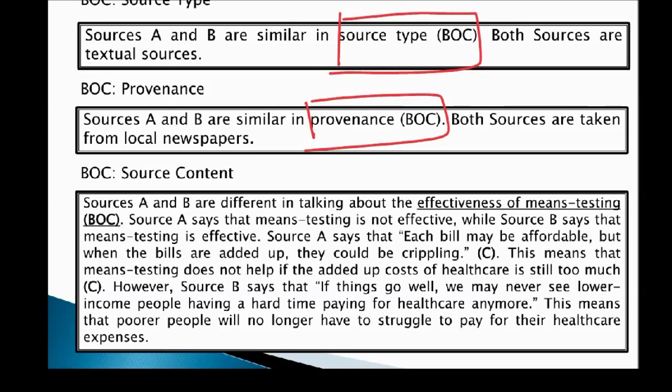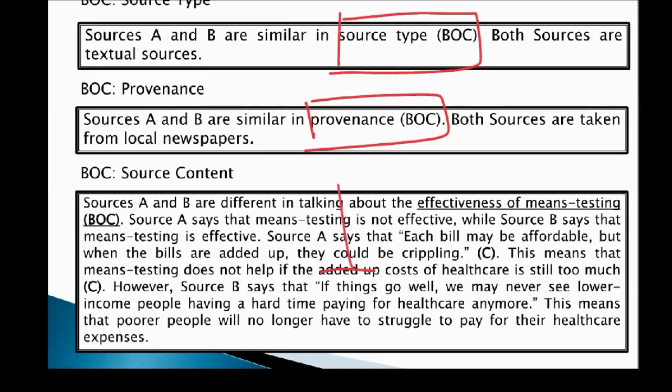Source B says that if things go well, we may never see lower income people having a hard time paying for healthcare anymore. This means that poorer people will no longer have to struggle to pay for their healthcare expenses. Note again, never ever copy from the source, never ever use any words from the source in your connect. Notice, actually, added up shouldn't be used.